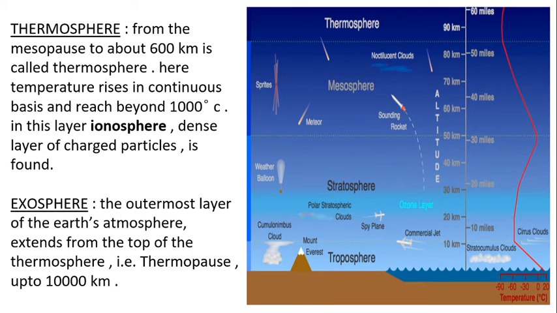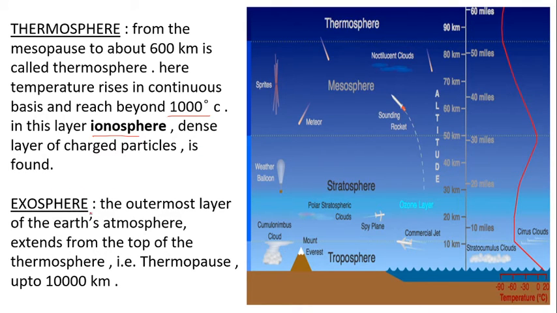Next is thermosphere, the next major layer. It extends up to 600 km, and here temperature rises continuously and reaches up to 1000 degrees centigrade. Ionosphere, a layer of charged particles, is found in this zone.